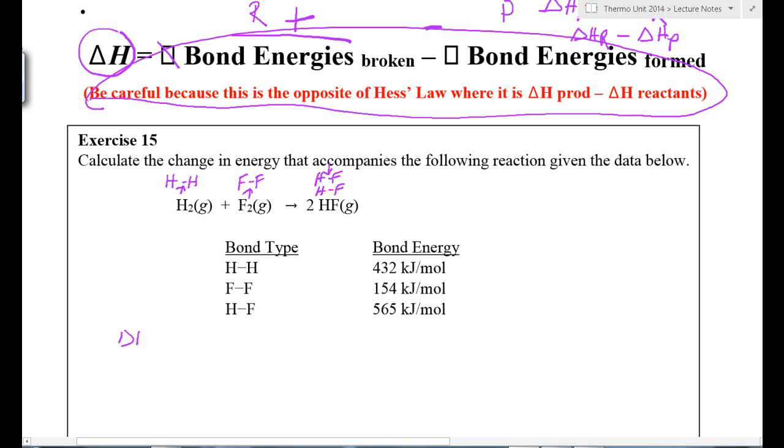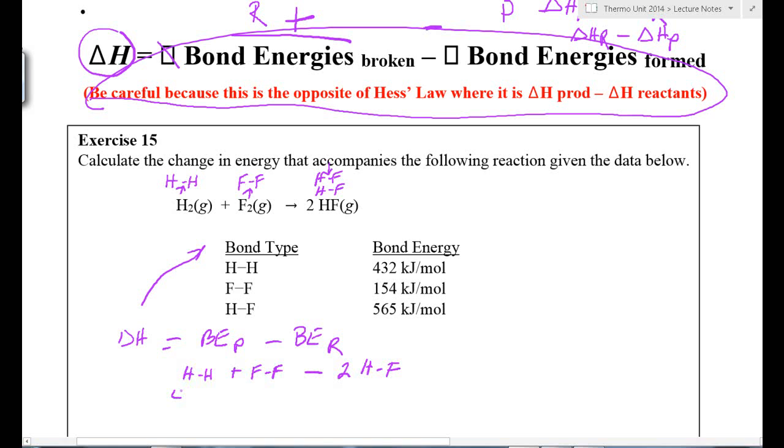So the change in enthalpy associated with this reaction as it is written is going to be the bond energy of the reactants minus the bond energy of the products. So in this case, it's going to be the H–H bond plus the F–F bond minus the energy associated with two HF bonds. Okay.